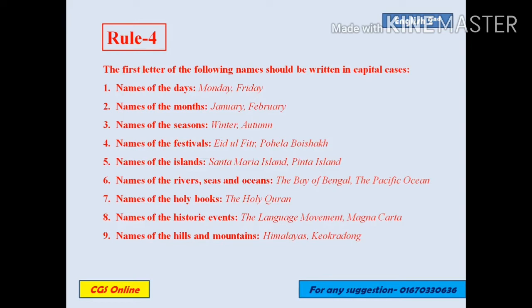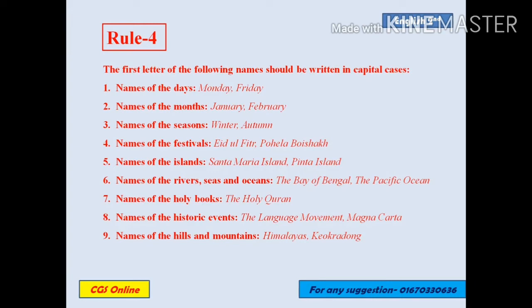Whenever you write the name of the days from now on, don't forget to use a capital letter at the beginning. And so is the case with the name of the months. January, February, these are the names of the months, and these names are also proper nouns, and that's why they should also be started with a capital letter at the beginning.